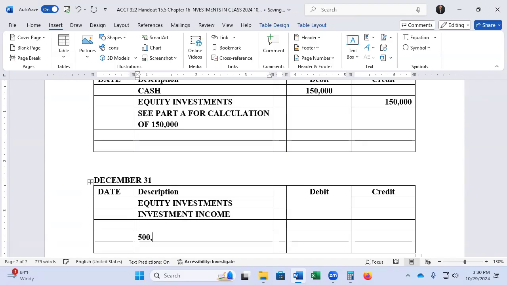And that's going to be the 500,000 shares times 0.25 and times our net income. Actually, I don't have to use the shares in this, right? Because it's not given as per share. So I just need 25% of the 1,200,000 net income. And that's 300,000.